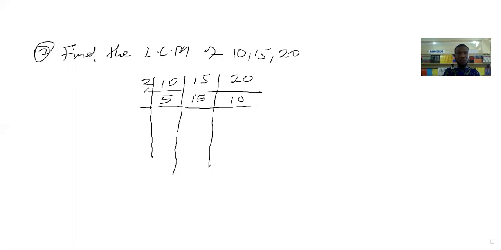2 can still go into 10. So I'll repeat the 2. Then my 5, I mean my 15, because 2 cannot go. And 2 goes into 10 5 times.